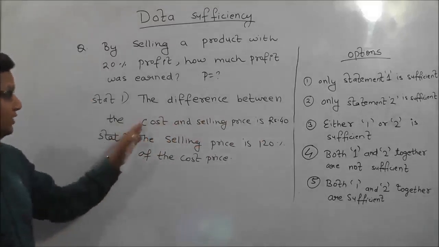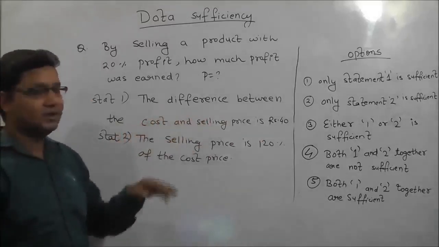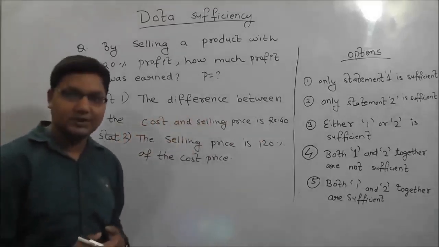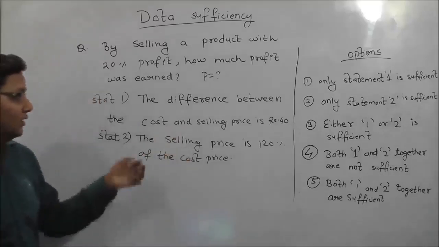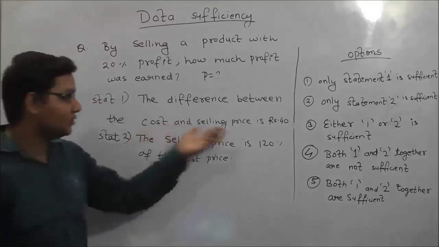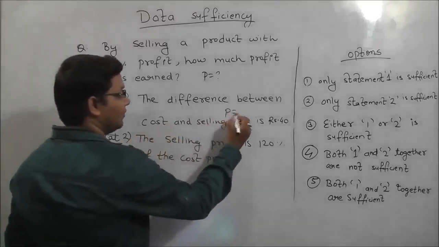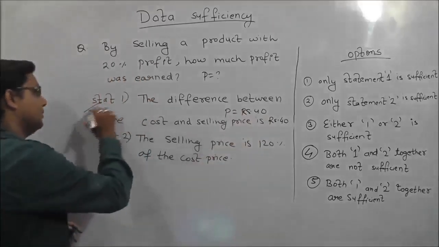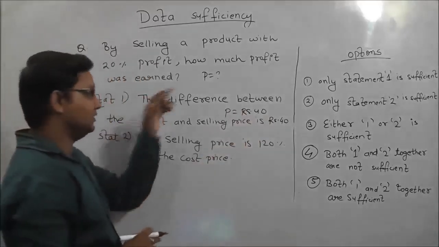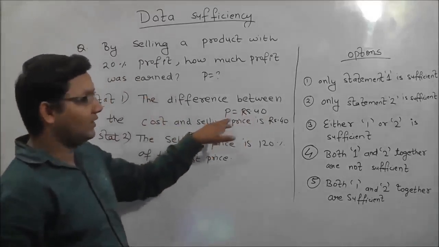So the difference between the selling price and cost price is none other than the profit. So profit is given here as rupees 40. So here we can say that statement 1 alone can give the answer. We can find the profit.